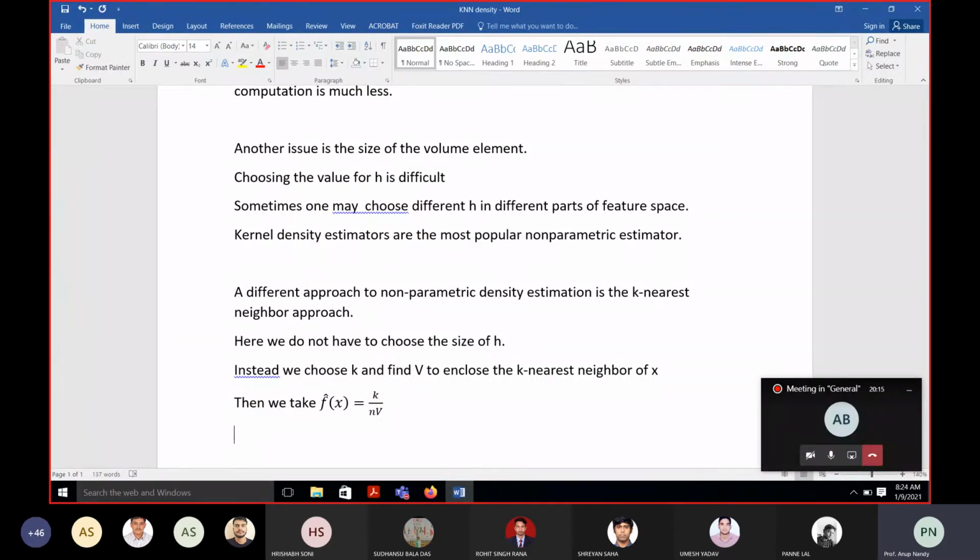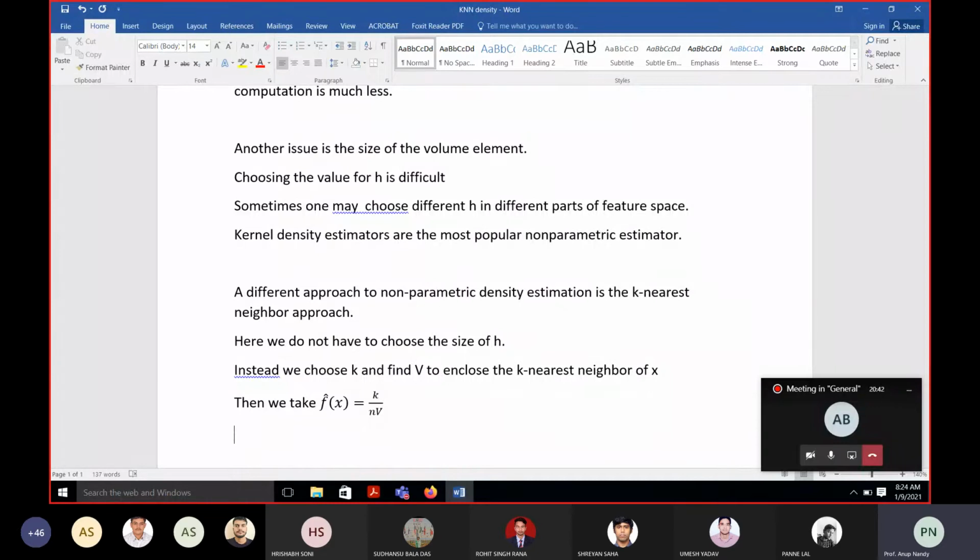If K is equal to 2, it will be very difficult to take a decision. That's why we take an odd number of K. So we first choose K, and given an X, you will be asked where is the kth nearest neighbor?